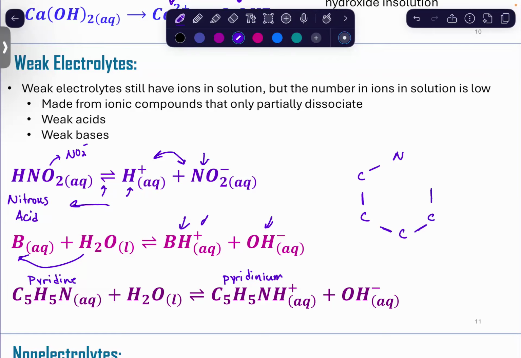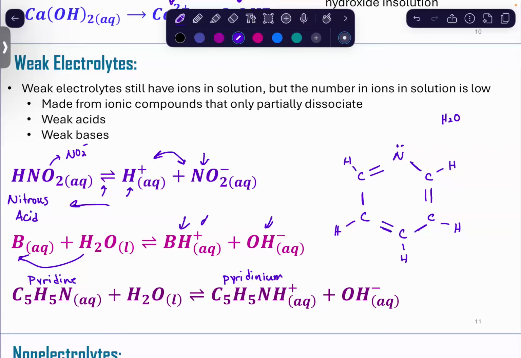It is a ring structure. Have your lone pair there, double bond. And then what's going to happen is your H2O will be out here.